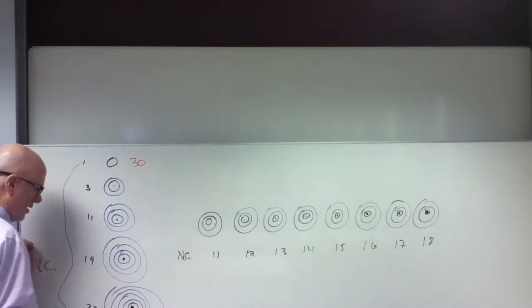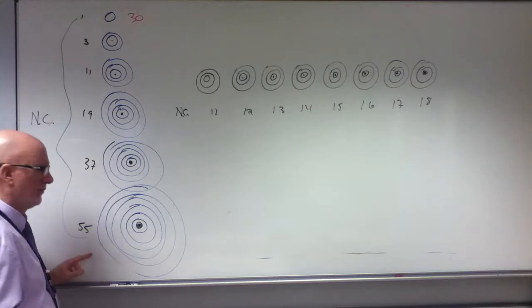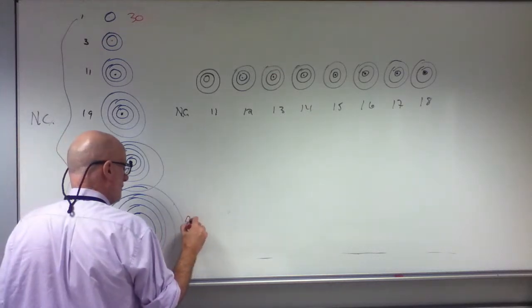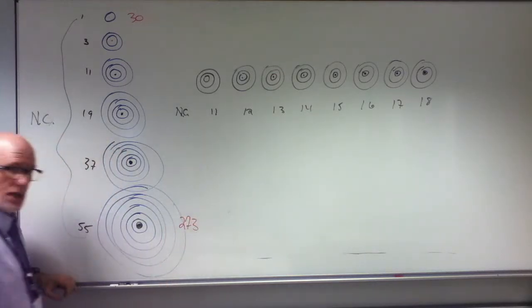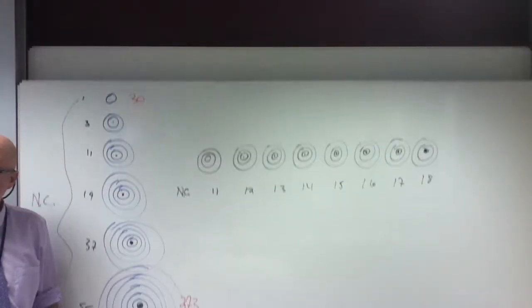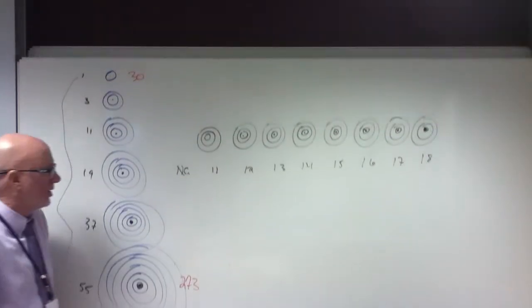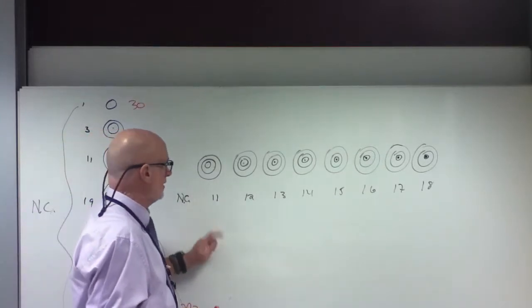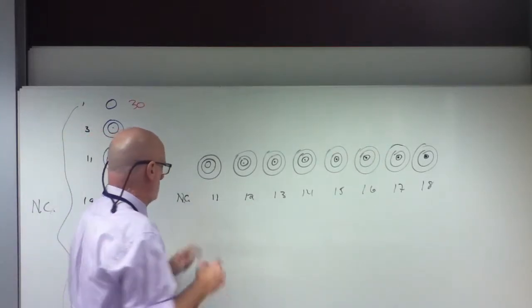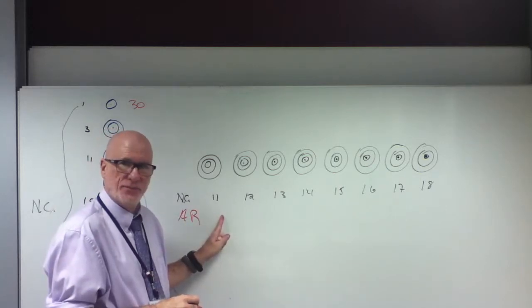And what is it for cesium? 273. So it's a lot bigger, isn't it? 30 versus 273. Now, what is the atomic radius for sodium? 191.